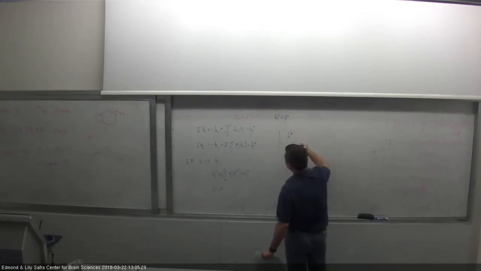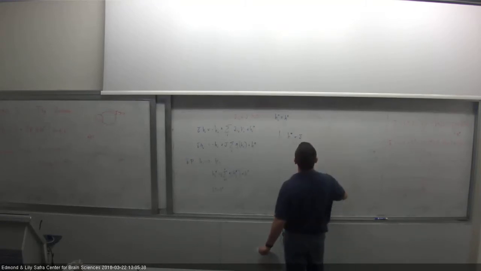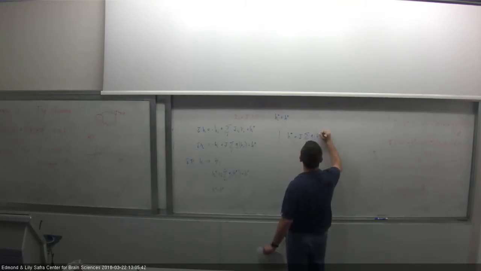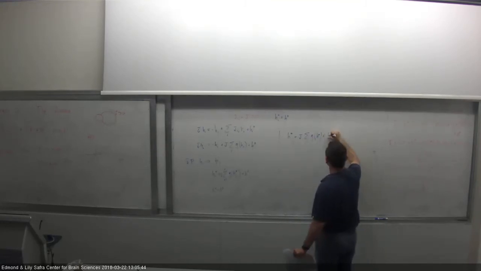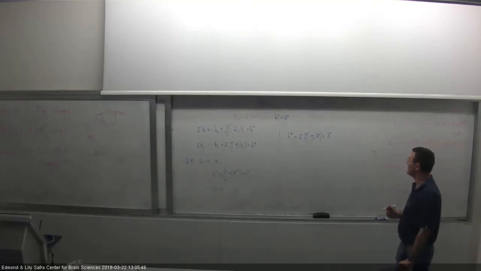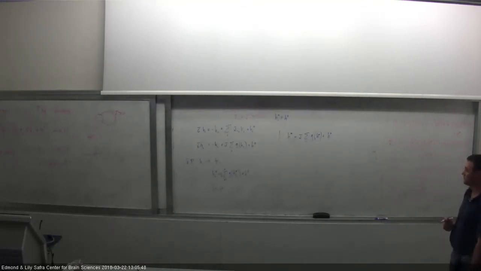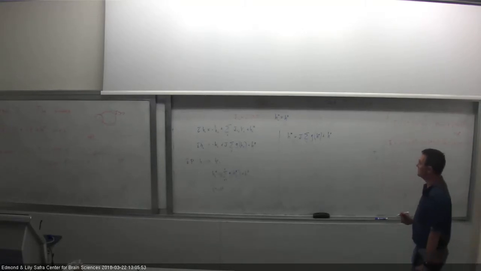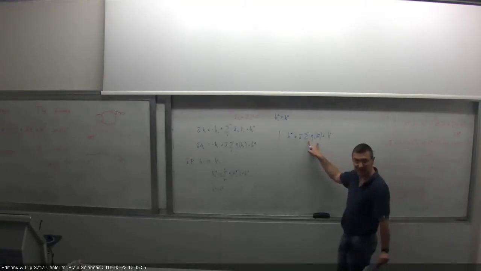So we know that h star is equal to J sum over j of g of h star plus h0. But note that this sum contains elements that are all identical.